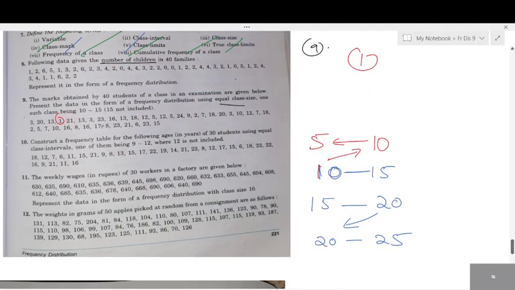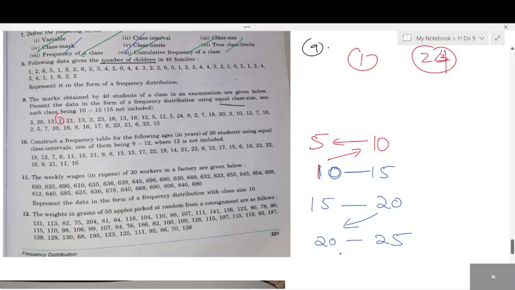The least number, what's the least data we have here? Least data is 1 and the highest data is, what's the highest? 23. So can you see up to 25 I have taken? 20 to 25. Okay, 24. 23, 24.